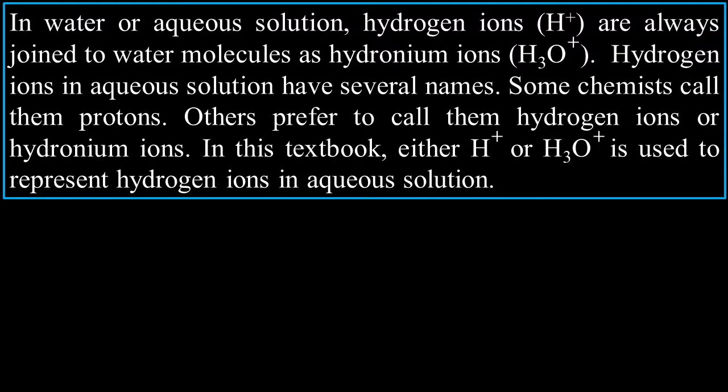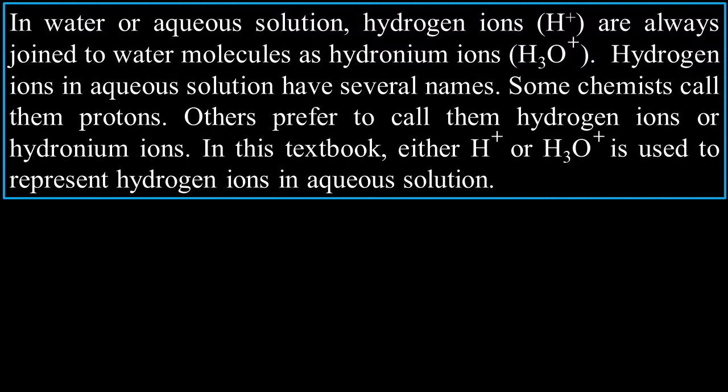In water or aqueous solution, hydrogen ions are always joined to water molecules as hydronium ions. Hydrogen ions in aqueous solution have several names. Some chemists call them protons. Others prefer to call them hydrogen ions or hydronium ions.